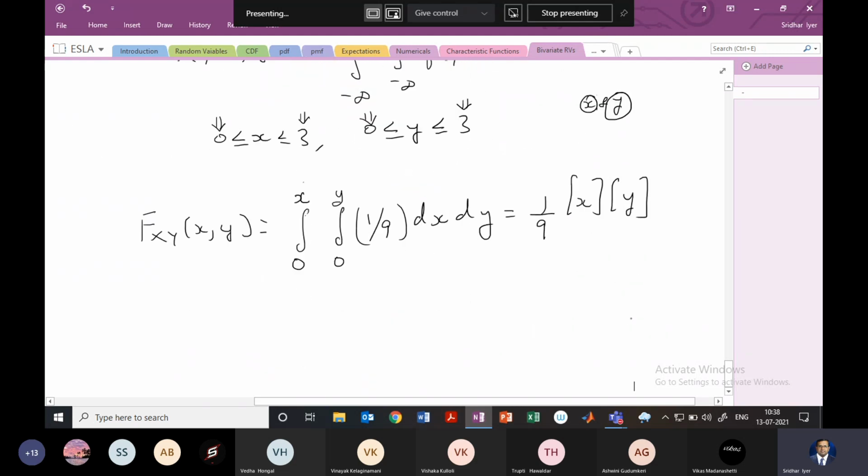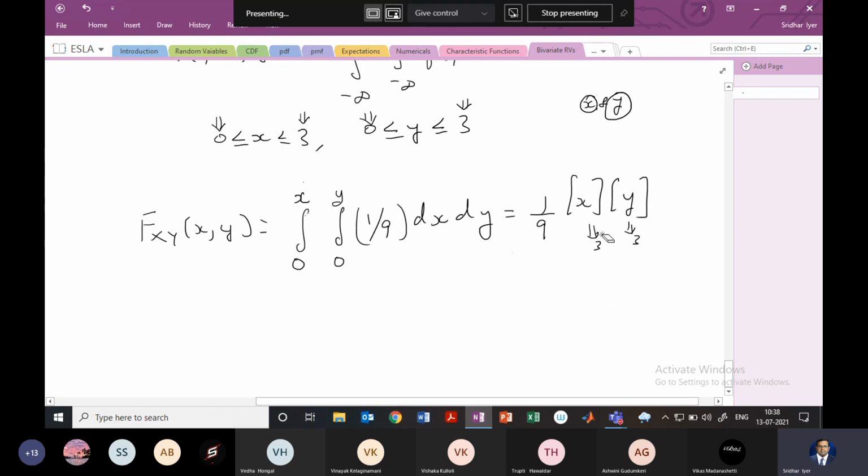Now you can put any value of x and y. You can put 1, you can put 2, or you can put 3. So once you put 3, what will happen? You'll have 3 into 3, which is 9. 9 divided by 9 will be 1. So when you put the value of x and y as 3, it will basically imply that you are finding the value of Fxy of infinity comma infinity, which is going to be 1, right?